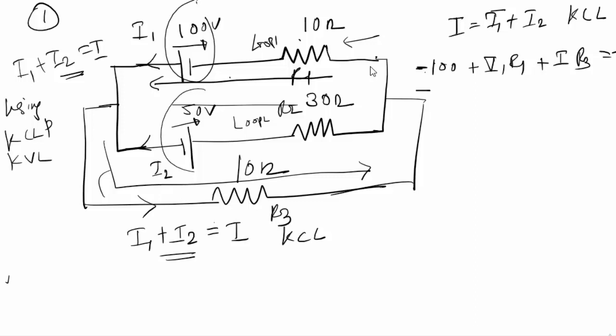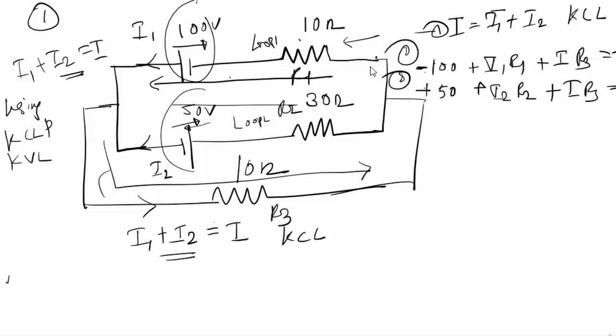And going for this loop, there is a fall in the potential here again. So minus 50 or plus 50, plus I2 R2 plus I R3 equal to 0. So this was my first equation, this is the second equation, this is the third equation.